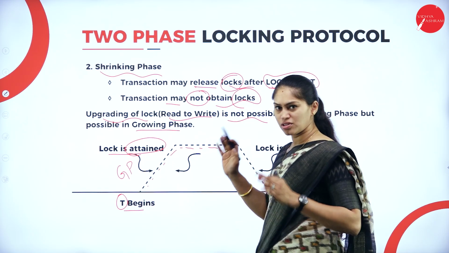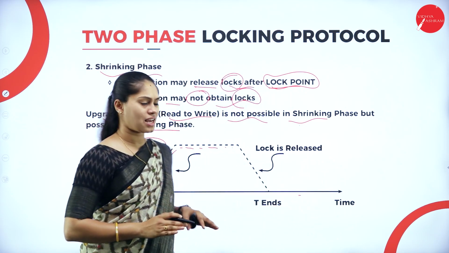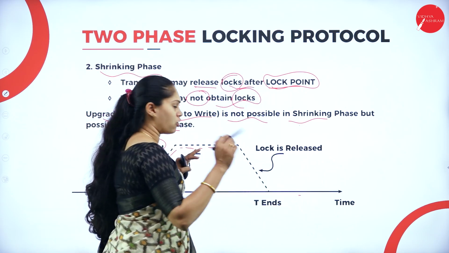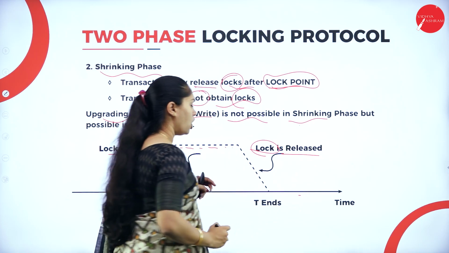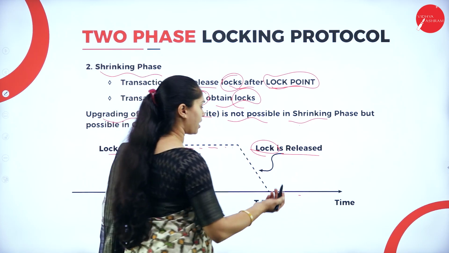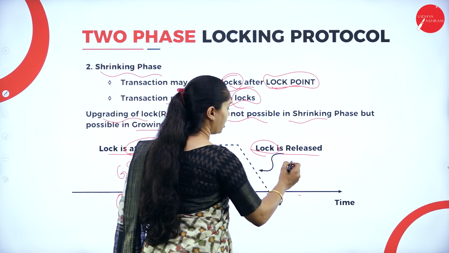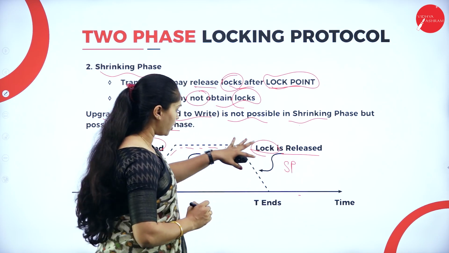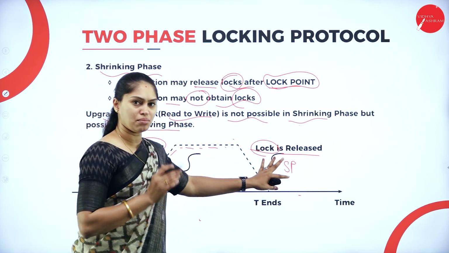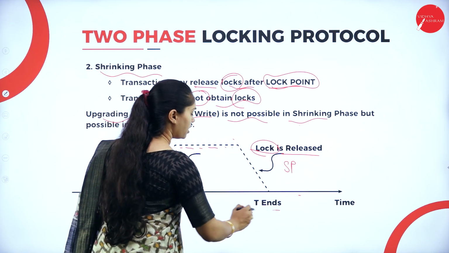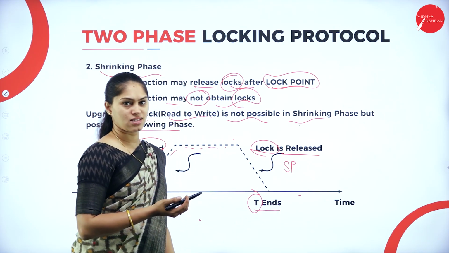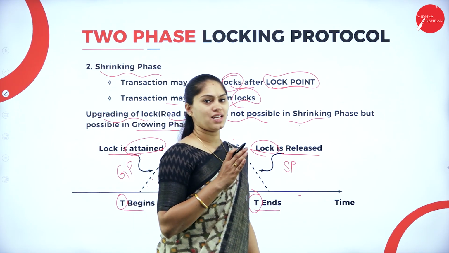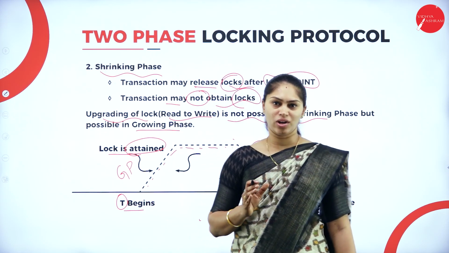Once it reaches the lock point and all the transaction is over, then it has to release the locks. That means the lock is released. When we are releasing a lock, it is in the shrinking phase. Once the transaction begins, at some point it has to end. So this specifies T ends.